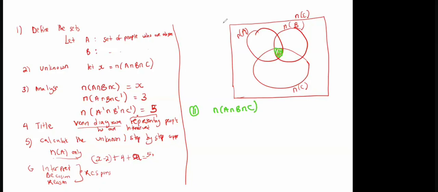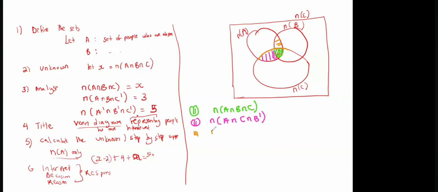Then the region that is represented by this one here only, you look at the two sets, it combines A and C, but it excludes B. So that region is what we call A intersection C intersection B prime. For the region that is represented by yellow here, you can note that it has A and has B, but C is outside it.